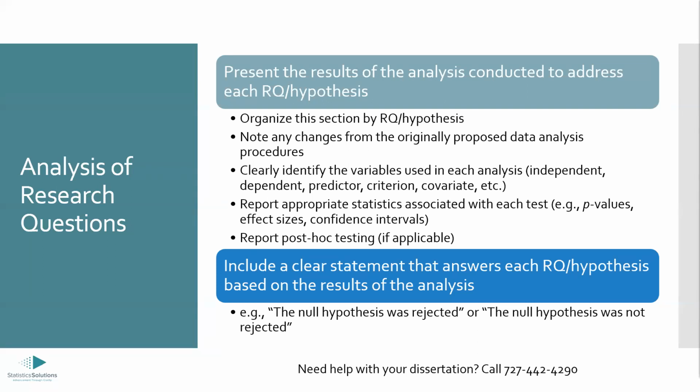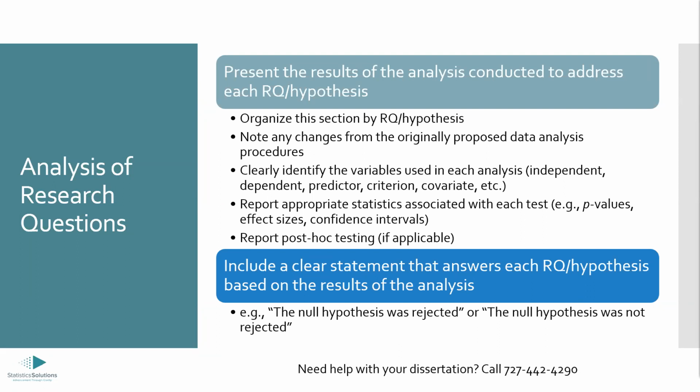Just do it in the order in which they're presented throughout the rest of your paper, because it may confuse the reader if you kind of jump around to different research questions or hypotheses in some kind of a different order. So if you have 5 research questions, it makes sense to just go research question 1, then research question 2, and so on. You don't want to start with research question 2 and then jump to research question 5 or anything strange like that. It just may confuse your reader. So you want to present it in a logical order.